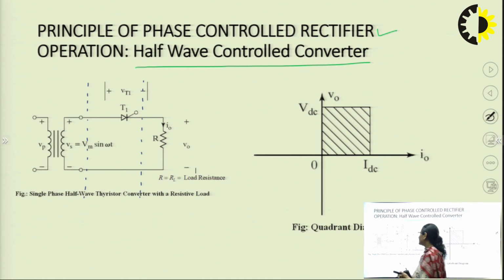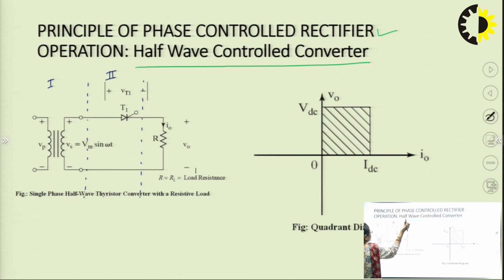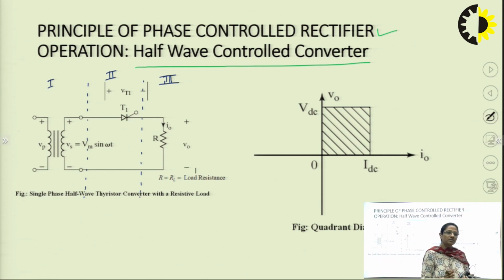As far as this circuit is concerned, this is the first section, this is the second section. I am just trying to explain the construction, the configuration of this converter circuit in the form of 3 sections. Any converter circuit can be seen in 3 sections only.